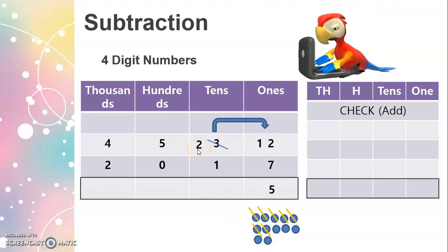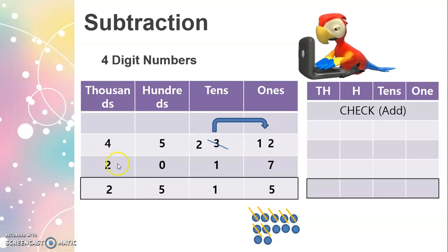Here we have 2. 2 minus 1 is equal to 1. In hundreds column, we have 5 minus 0. If you have 5 balls, I will take 0 from you, means I will take nothing from you. What is left? 5. 4 minus 2 is equal to 2. The answer is 2515.